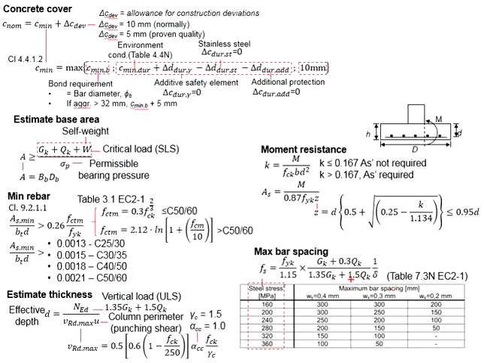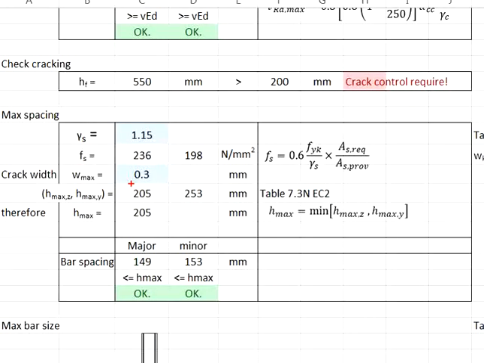And then you may refer to the table 7.3N and do some interpolations based on the steel stresses. The calculated maximum spacing is 205 and 253 mm. We use the smaller value as the maximum bar spacing. And this maximum bar spacing shall be applied in both axes.